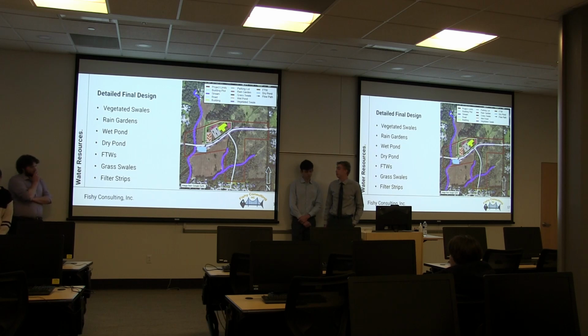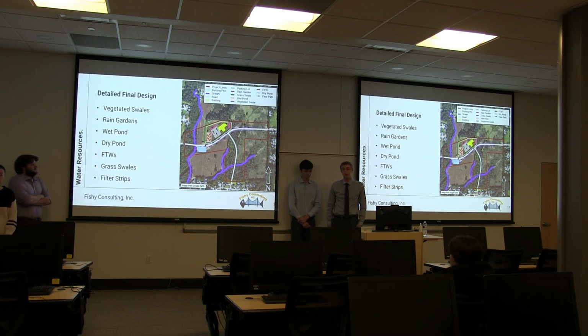It utilizes a vegetated swale on either side of the roadway to treat the water quality volume for the roadway portion of the design, and it drains to a dry pond at the west end of the plot. And then the building portion of the design uses 2 rain gardens for water quality and drains through grass swales to a wet pond where the flood control volume is handled.